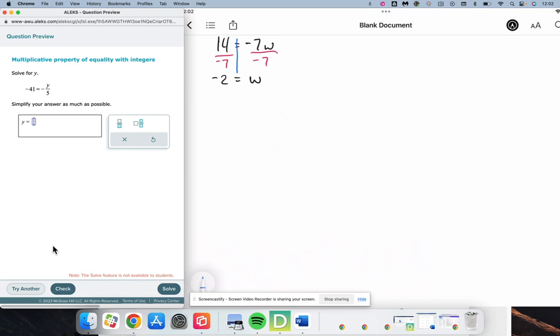We've got negative 41 is equal to negative y over 5. And so we see that what's happening to the y is it's being divided by 5, so we need to multiply both sides by 5.